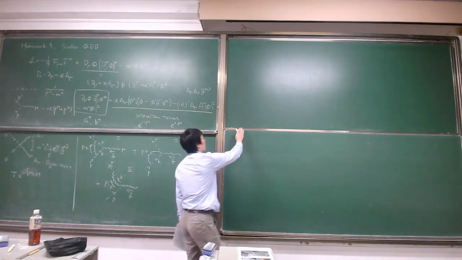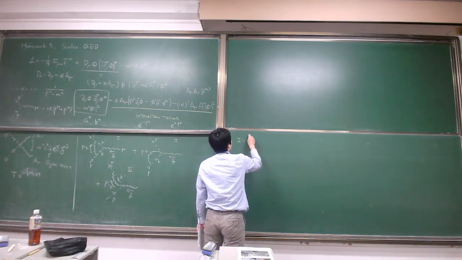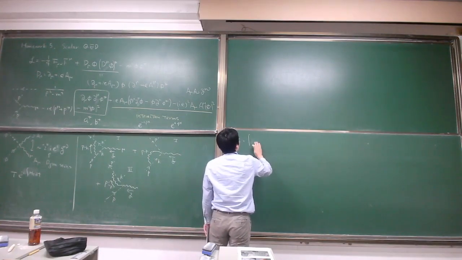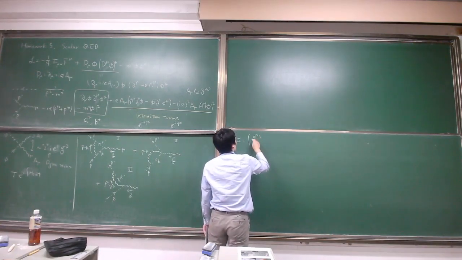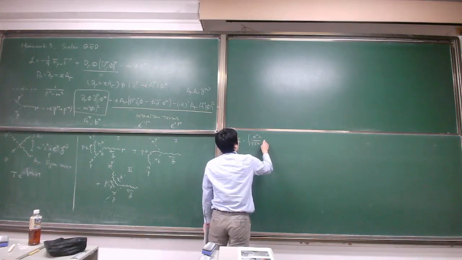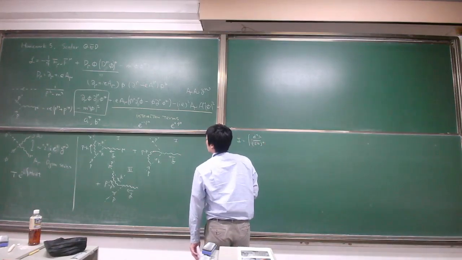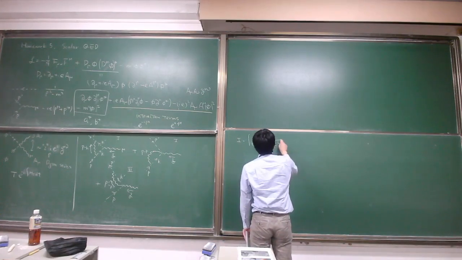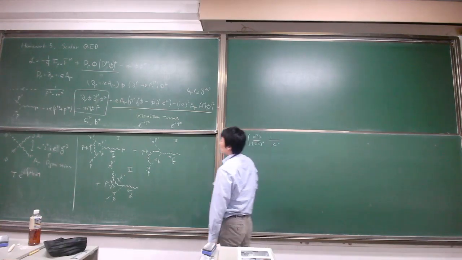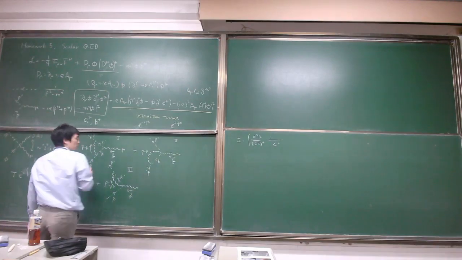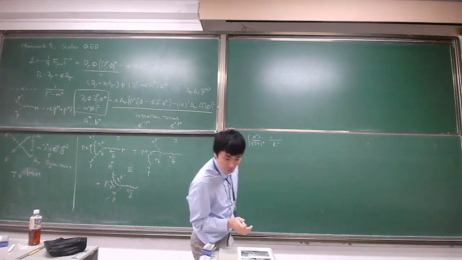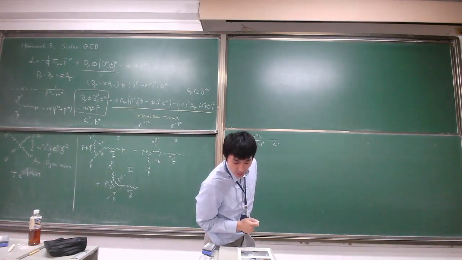So therefore, one has to start with the k squared minus i epsilon. Let's follow my notation.